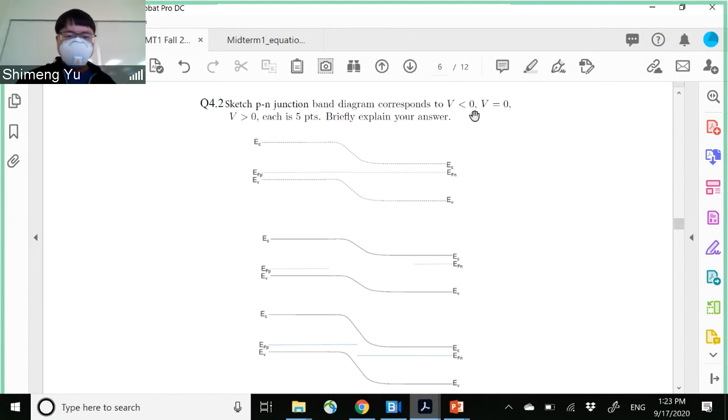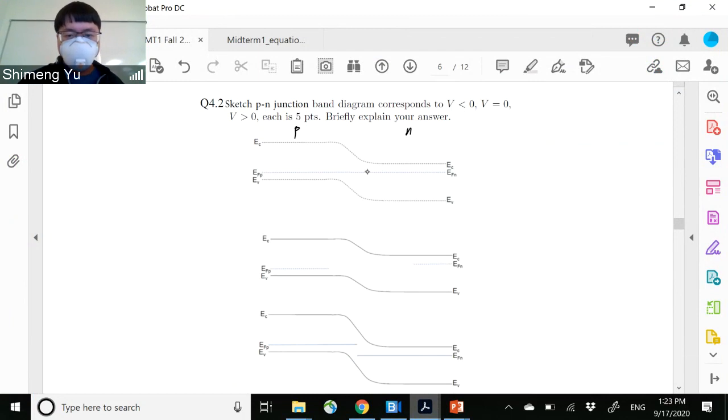So the first one, you see the Fermi level for the p side and n side is the same. So this is what we call the equilibrium state, and then the voltage should be 0.